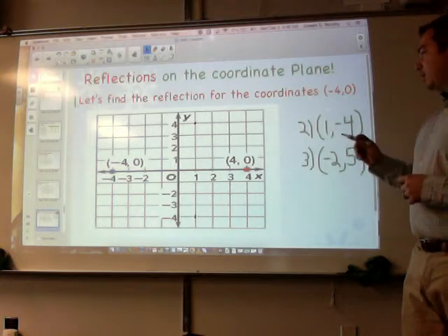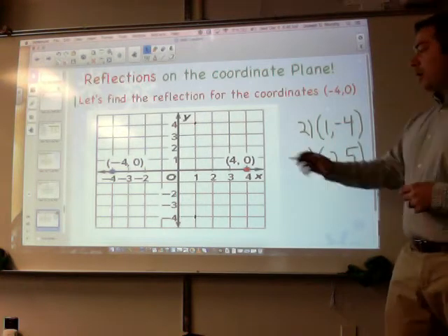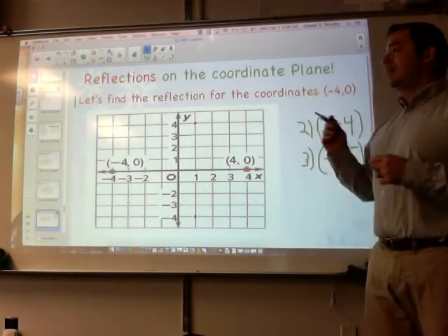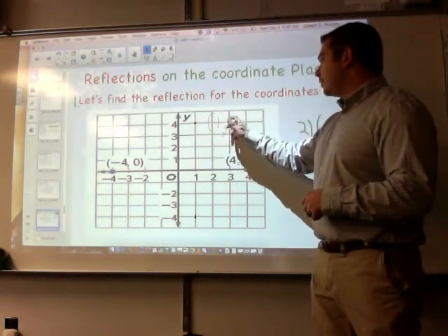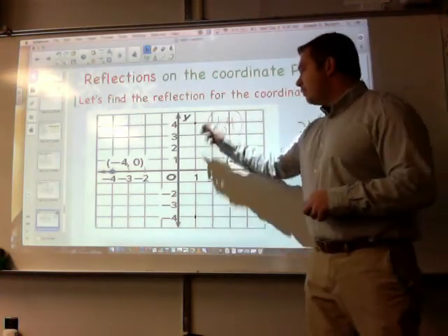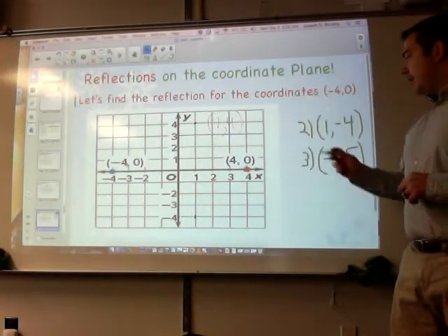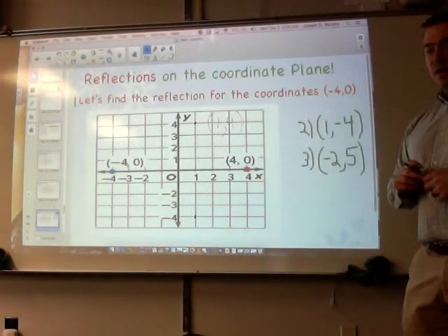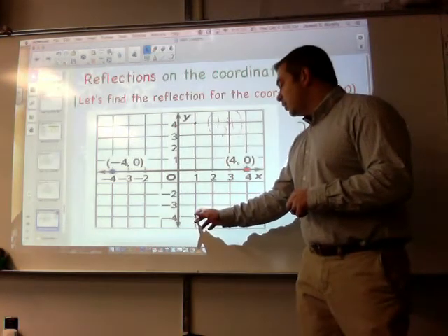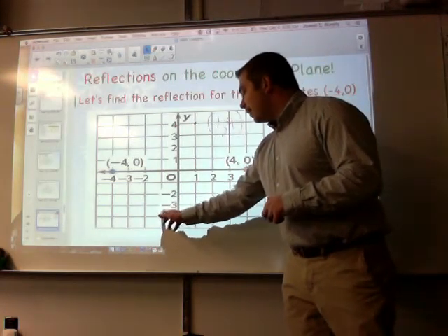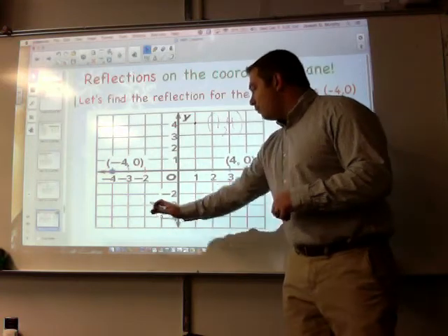So the reflection for 1, -4 across the x-axis is 1, this time +4. That reflects over there. Now if I'm going to reflect 1, -4 across the y-axis, I'm going to just go right there. I'm switching my axis.